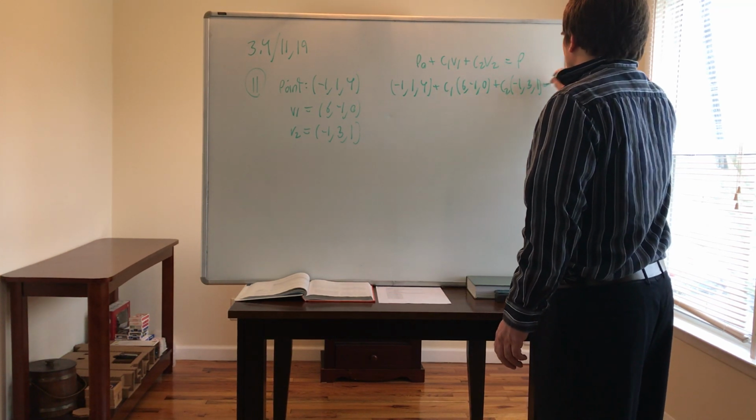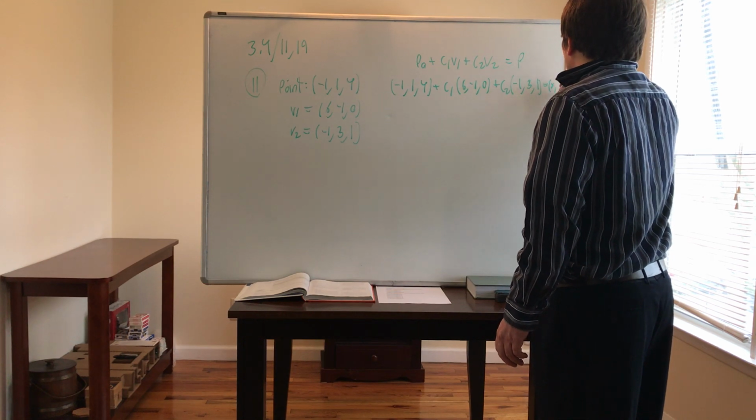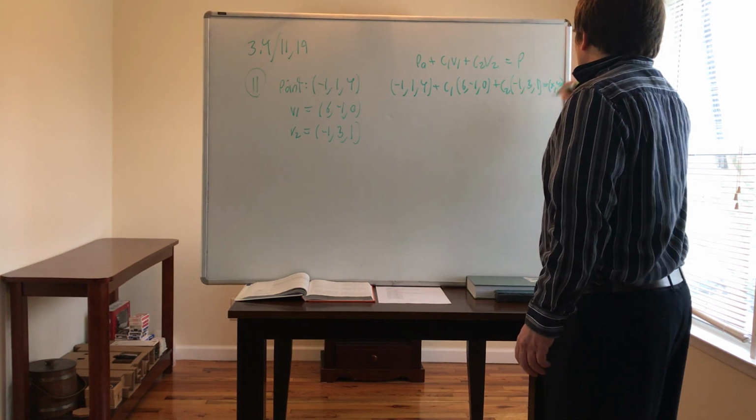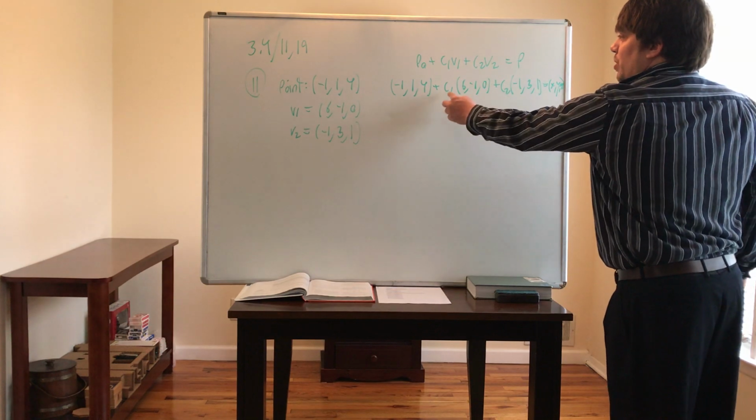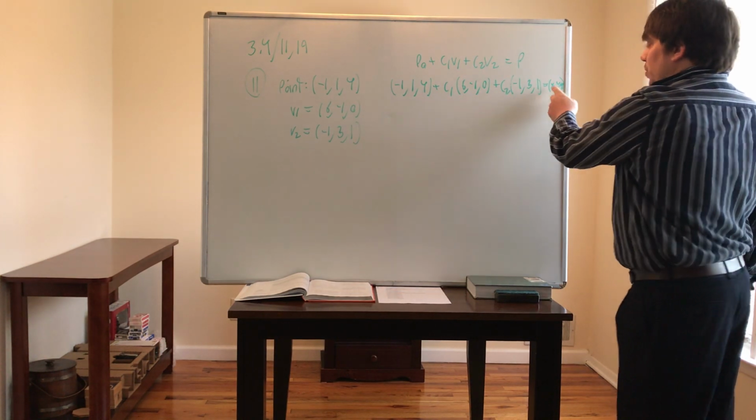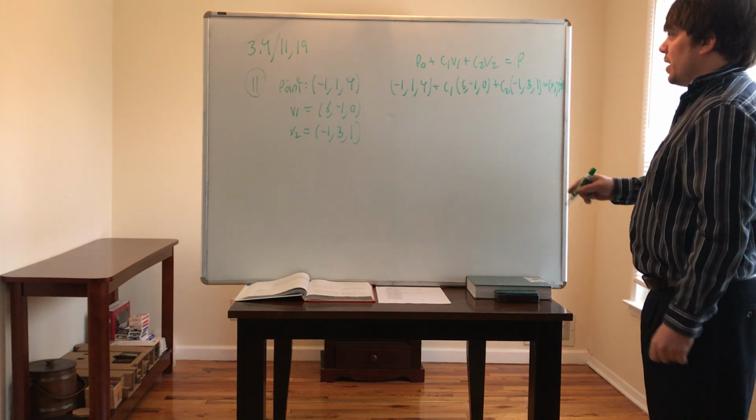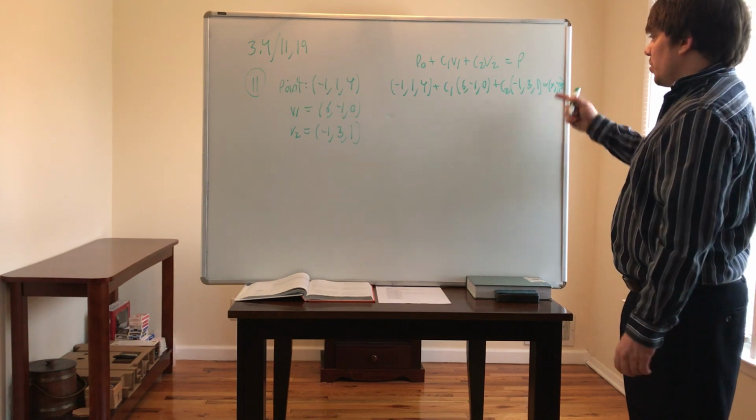So P naught plus C1 V1 plus C2 V2 is equal to an arbitrary point x, y, z that's on the plane.